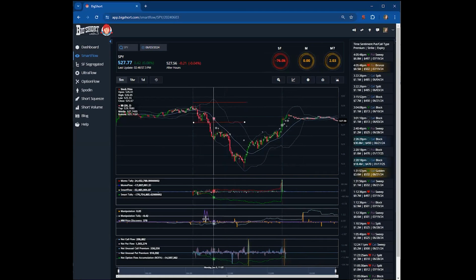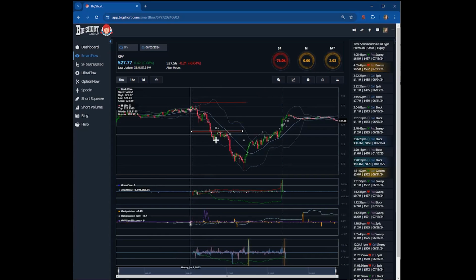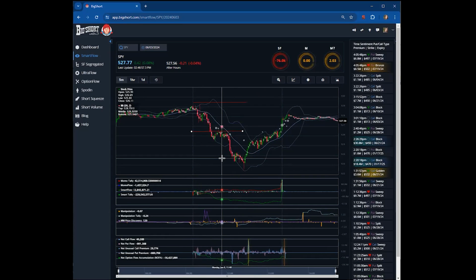But this hill tends to occur in the first hour of trading, and if for some reason it lasts a bit longer, then I would include all of the candles that occur during this hill. So let's say this hill ended a little bit later and included this red candle. Then I would just move this line down to include all the candles that occurred during this hill. And that's my calculation for what the opening range is.